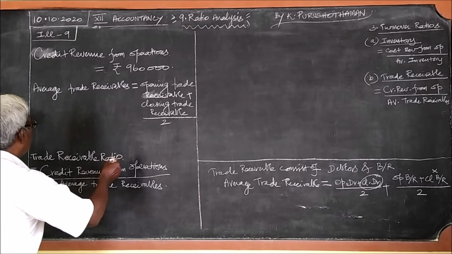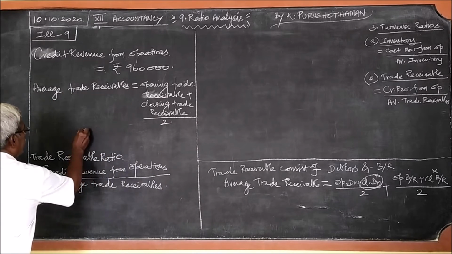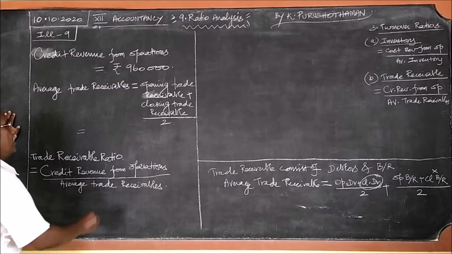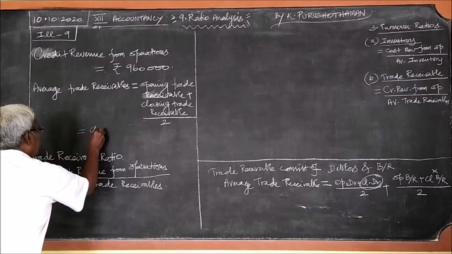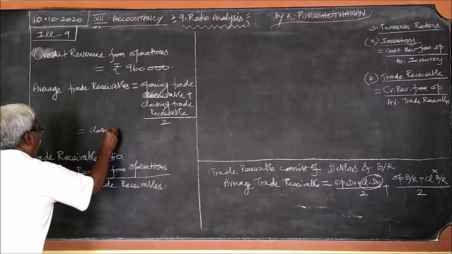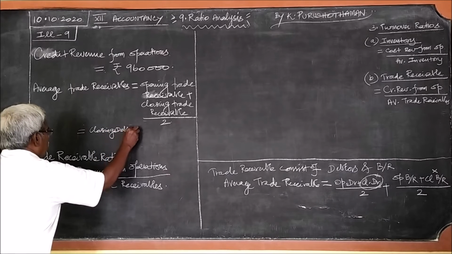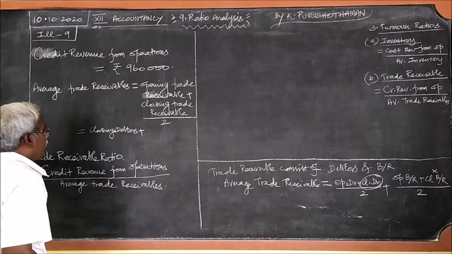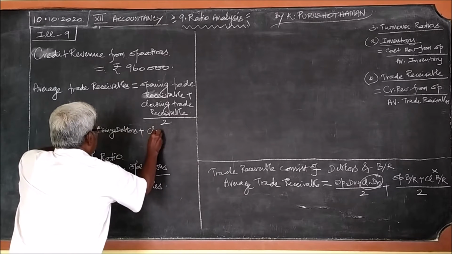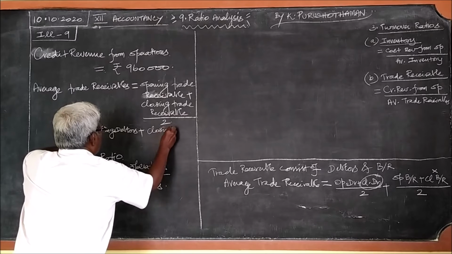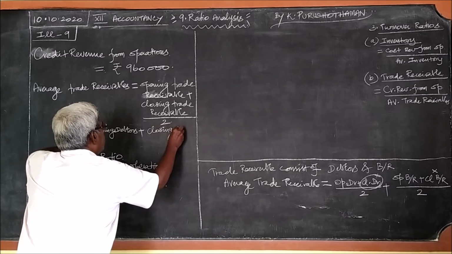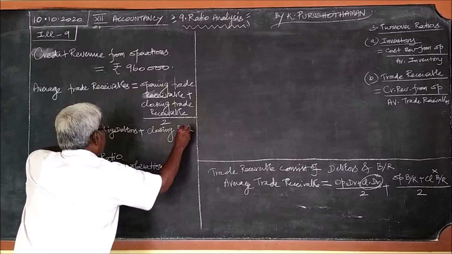So for this, what you should write is closing debtors plus closing bills receivable. That's all.